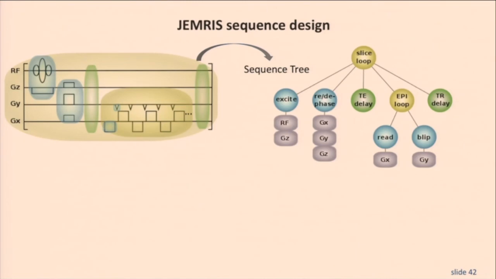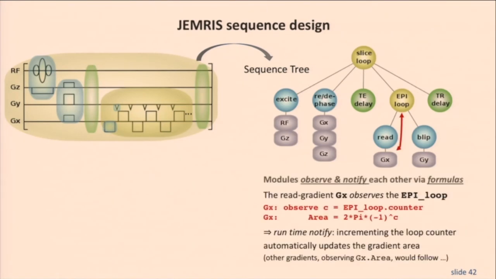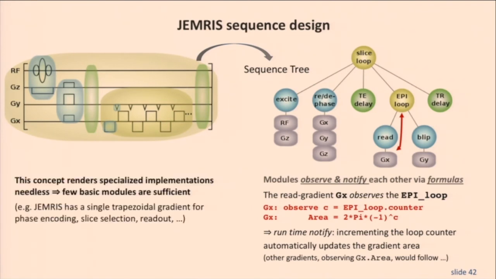Most time we spend on the sequence design, which follows an observer design pattern. I don't want to go into detail, but the nice thing is that it renders specialized implementations needless, so we have very, very few modules. And then with that you can basically do everything.